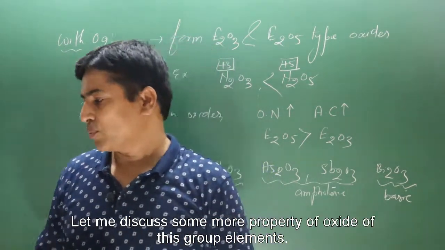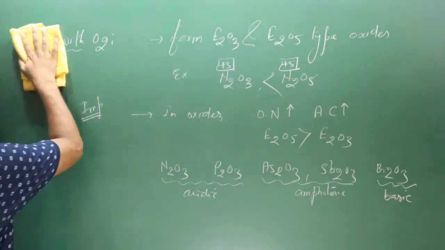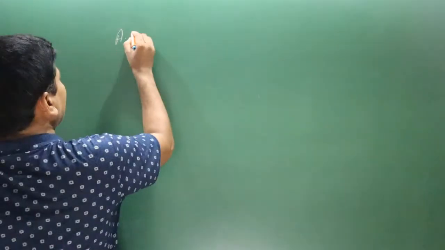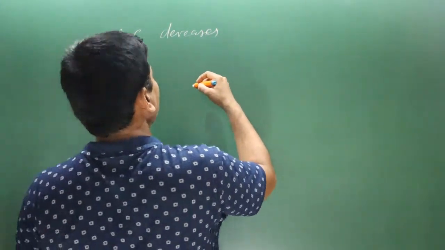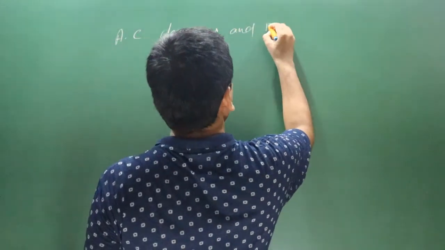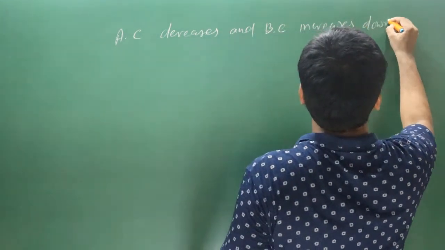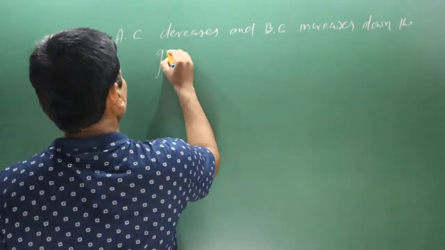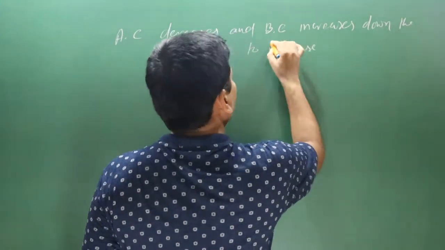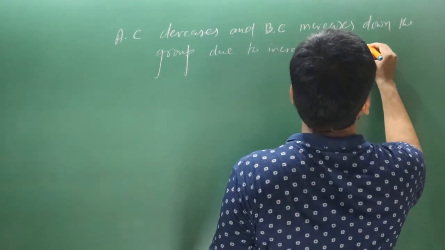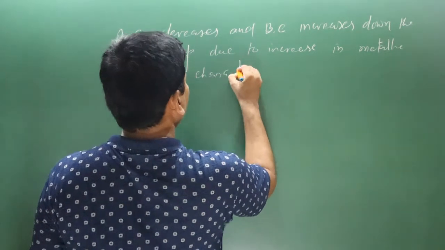Let me discuss some more properties of oxides of this group elements. The statement which I had given: acidic character decreases and basic character increases down the group due to increase in metallic character.